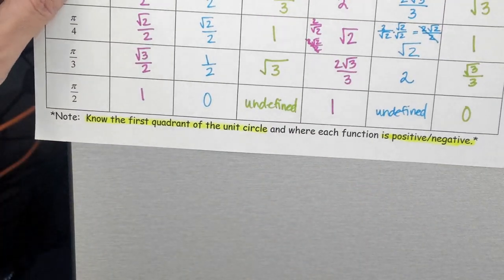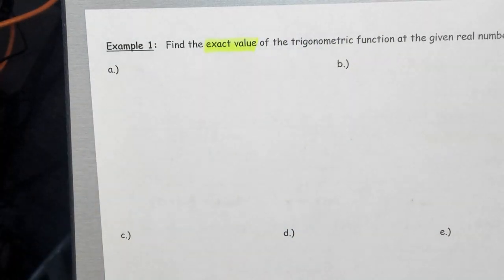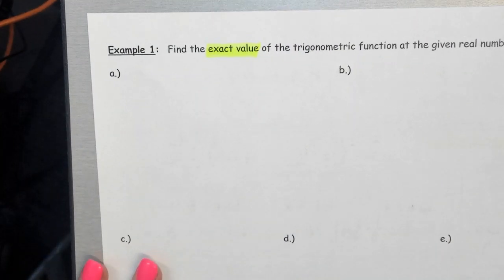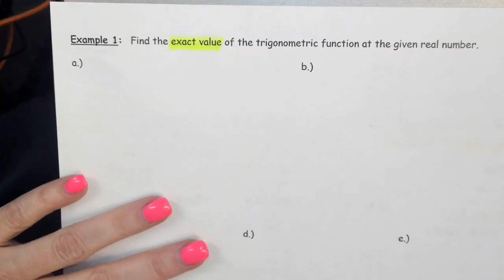Okay, and we're just going to keep in mind that people are at different places here, so some of you might know the unit circle very well, and you might be able to do a lot of this in your head. That is fine. Okay, if you're somebody who's visual that may be struggling with finding where the values are and how to keep those straight, I'm going to give you some strategies today.